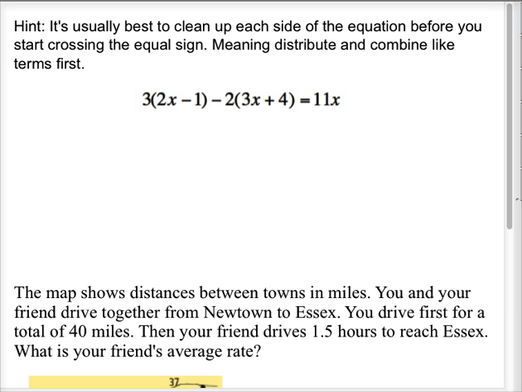So what I mean by that is let's distribute that 3. 3 times 2x, 3 times 2 is 6, so that's 6x. 3 times -1 is -3. -2 times 3 is going to be -6x minus 8.